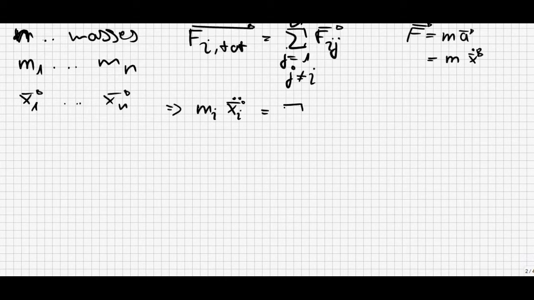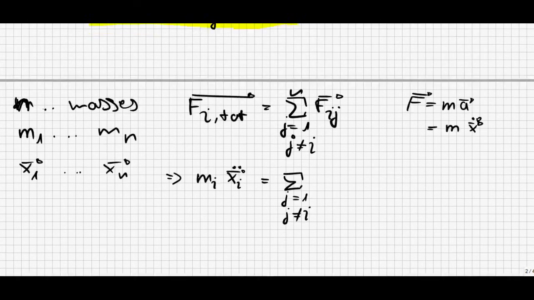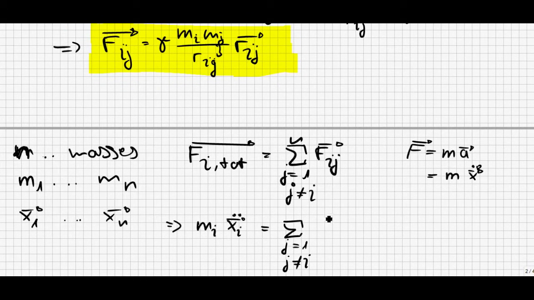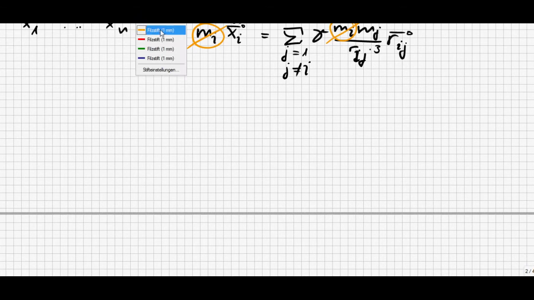And that's equal to our sum of j equal to 1, where j is unequal to I. And now I want to write Fij with our equation from above. So that's going to be gamma mi mj over rij cubed rij vector. Notice that we have an mi here and an mi here, so we can just cross out those two.